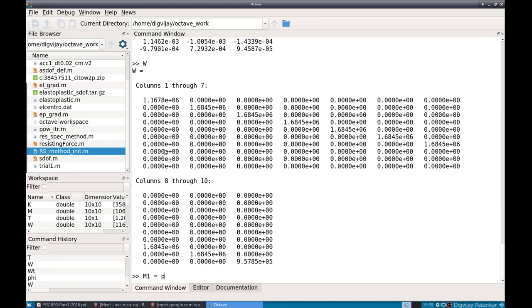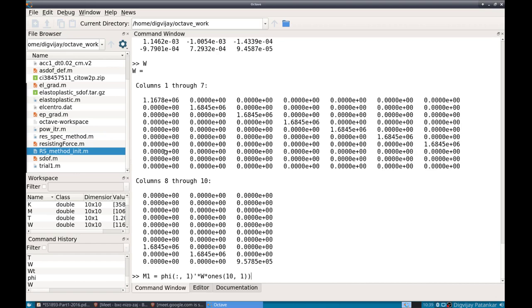Let me write it down here. Phi, first column, so that is phi 1 transpose, that is the prime, into weight into ones. Ones is a special command in Octave which gives a vector of ones, and the size of that vector in this case should be 10 cross 1, so 10 rows, 1 column.